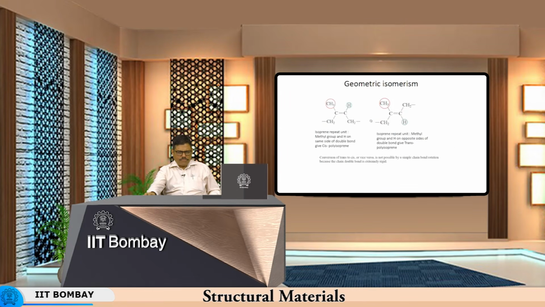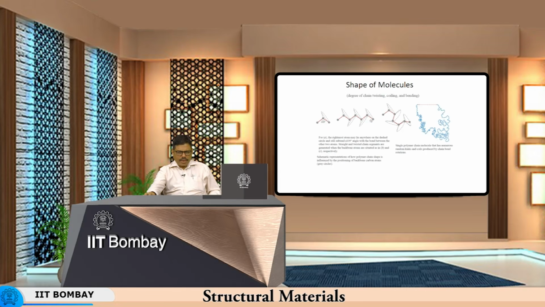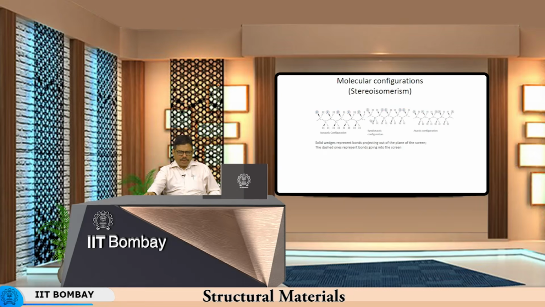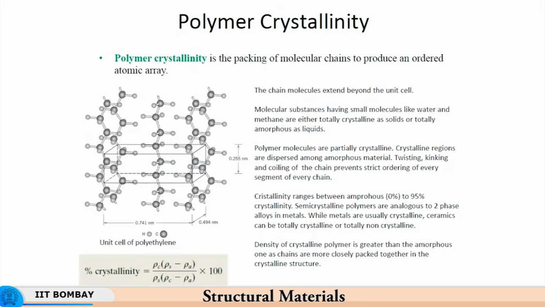In a macromolecule, as you saw earlier, if there is a lot of twisting and coiling, it is extremely difficult to get an orderly arrangement of atoms in the entire polymeric chain. However, you will have some local regions where the arrangement can be of a regular nature, but otherwise it is difficult to have an ordered atomic array throughout the entire chain.